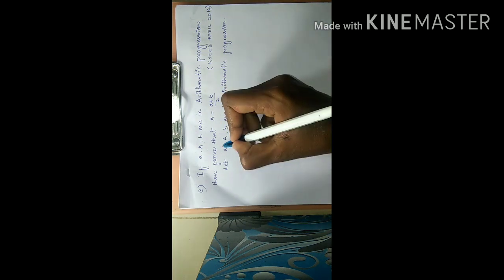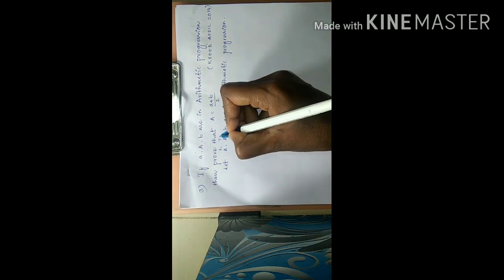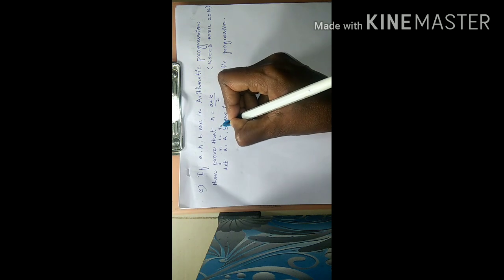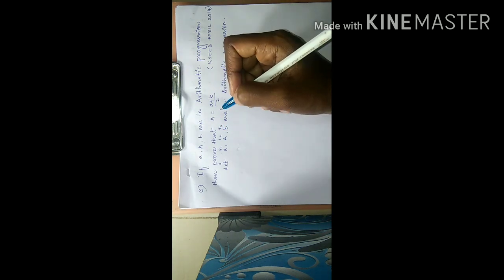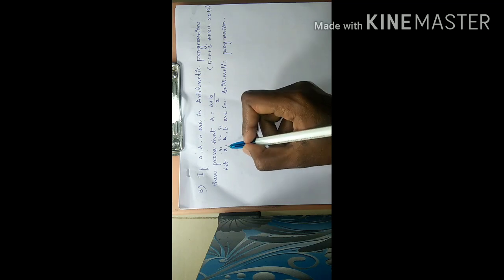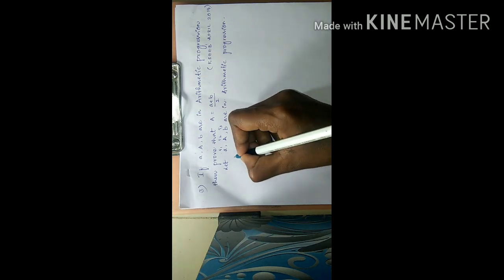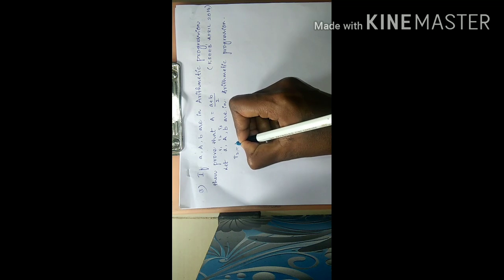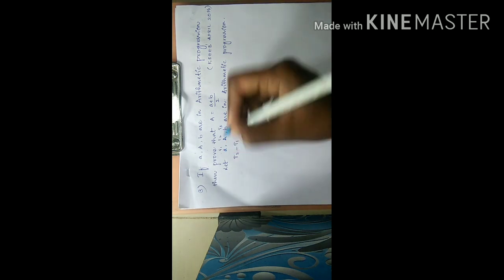So here you know well, this is T1, this is T2 and this is T3. You know to write the common difference, that is succeeding term minus previous term, that is T2 minus T1.